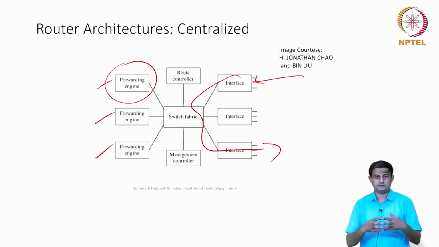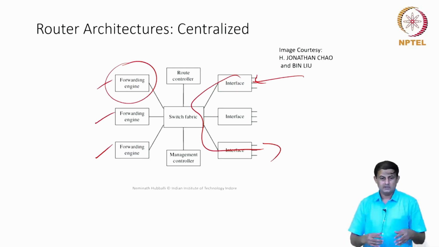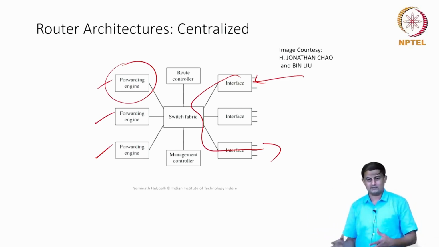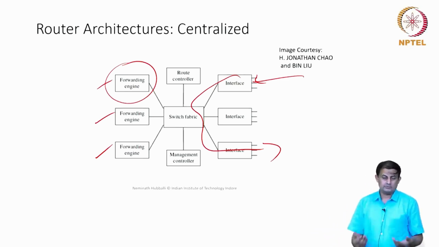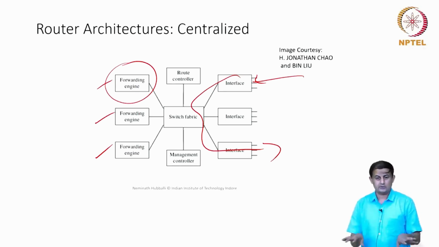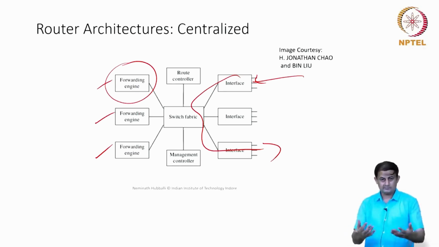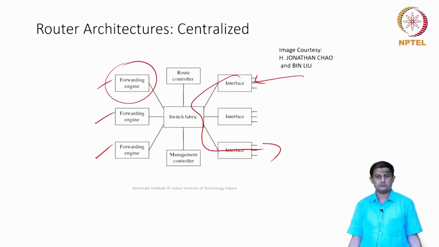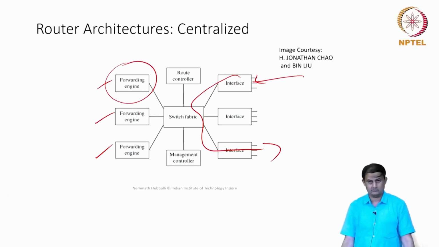If you want to change the metric, so typically routing algorithms use the hop count and other things as the metric. If I want to update that metric or change the routing algorithm, I need to configure that router. The interface between the user and that particular router is exposed through the management controller.